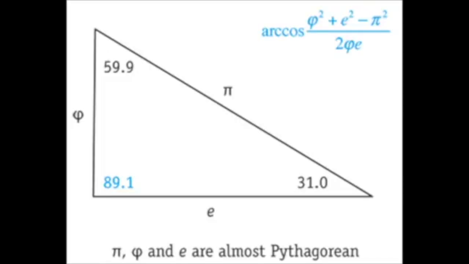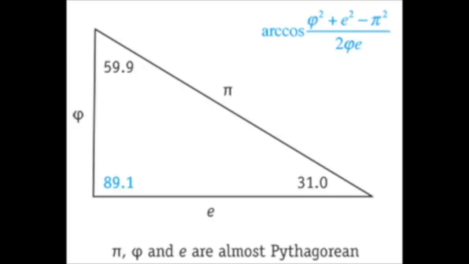The corner between the shorter phi leg and the longer E leg is 89.1 degrees. The angle between the shorter phi leg and the pi hypotenuse is 59.9 degrees exactly, and that between the longer E leg and the pi hypotenuse is exactly 31 degrees.